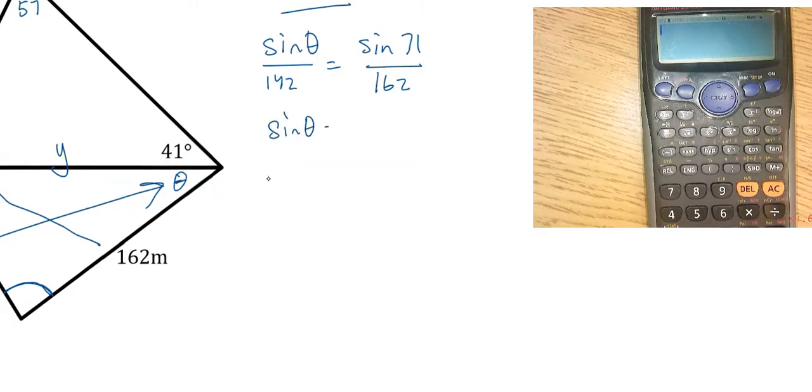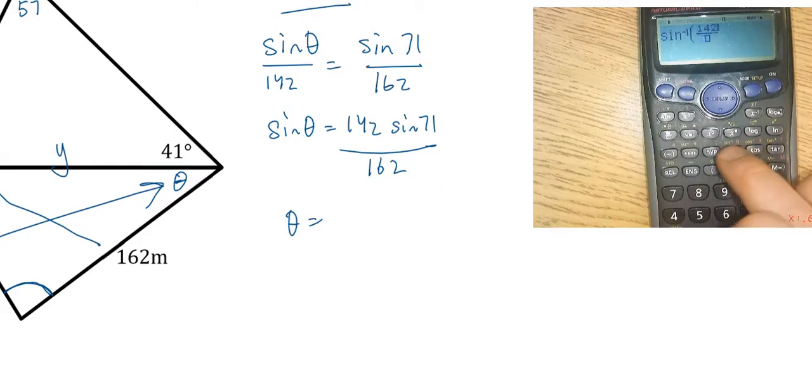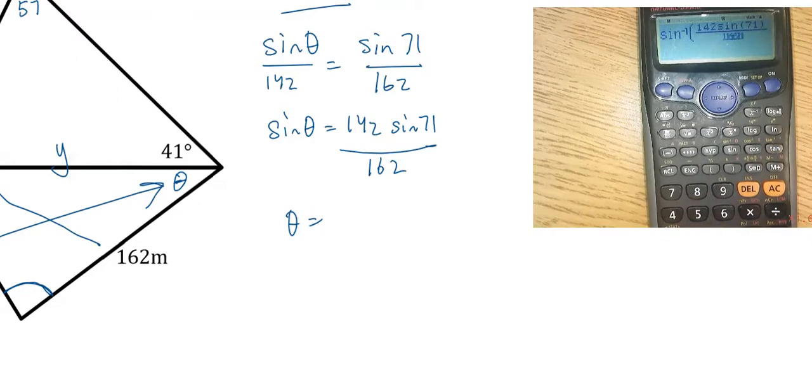Rearrange. Shift sine, 142 sine 71 over 162. So again, I'm going to keep extra decimal places here. 55.9744.